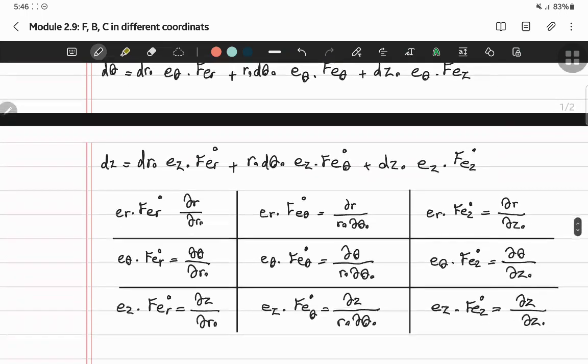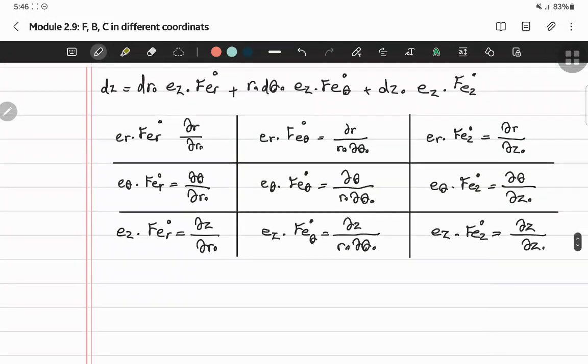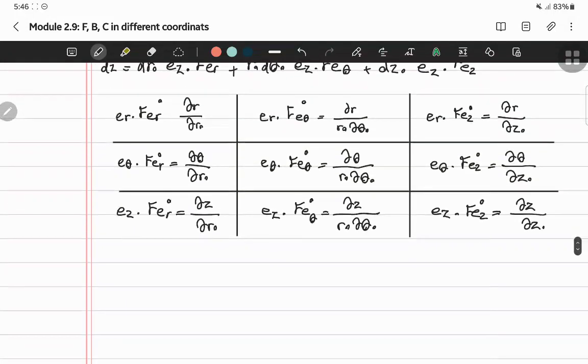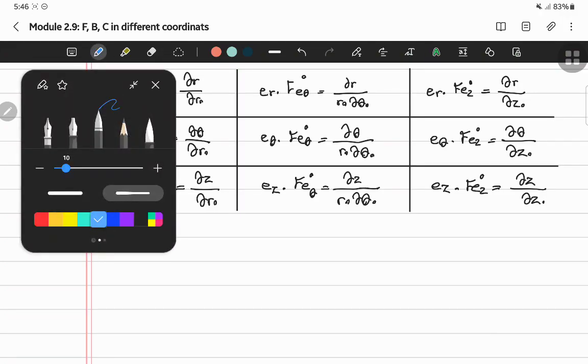Up until here, we calculated F, the deformation gradient tensor for the cylindrical coordinate. And now we can simply calculate F e_R0 here. So from here, let me change color.